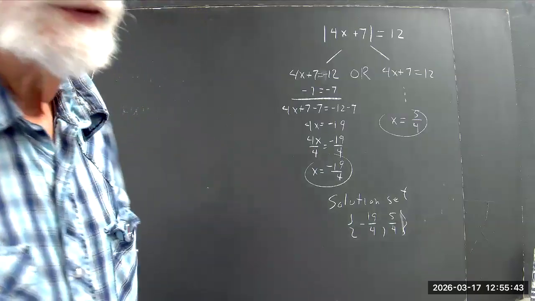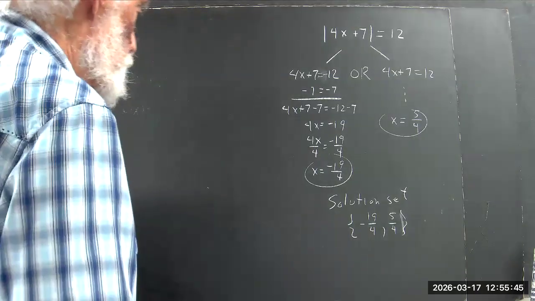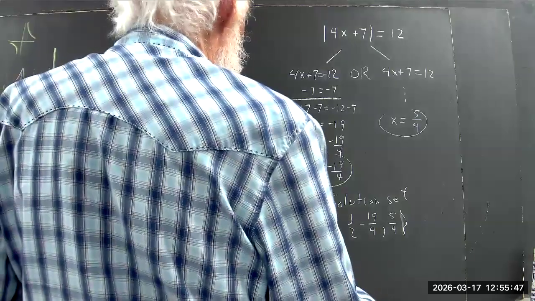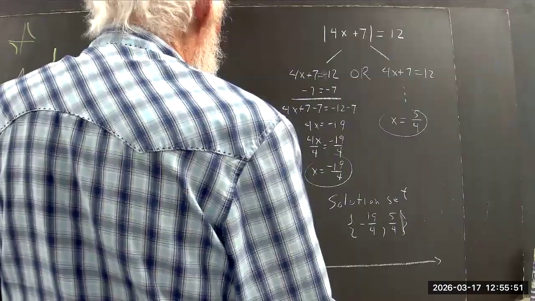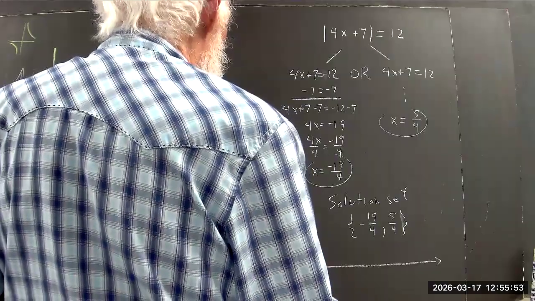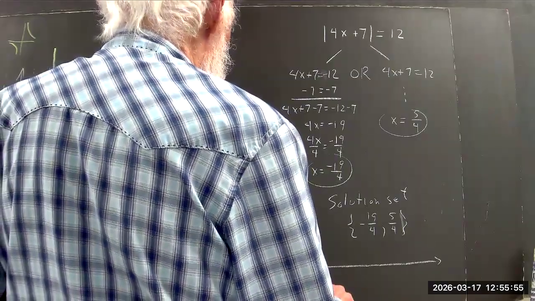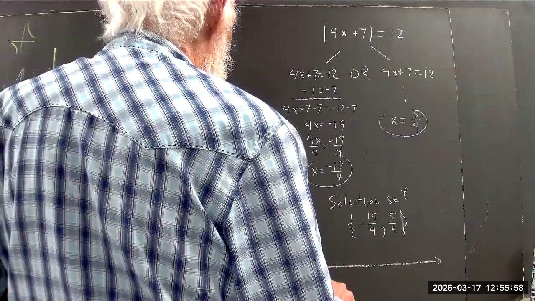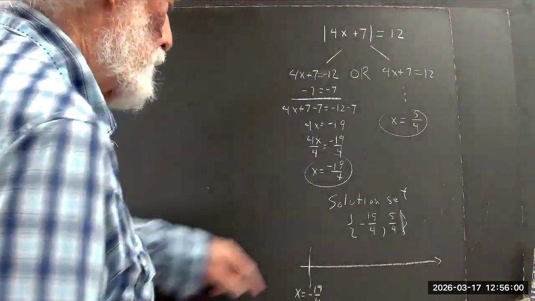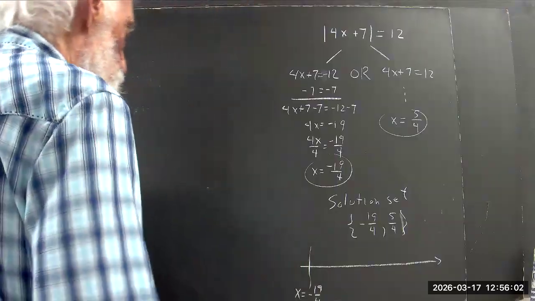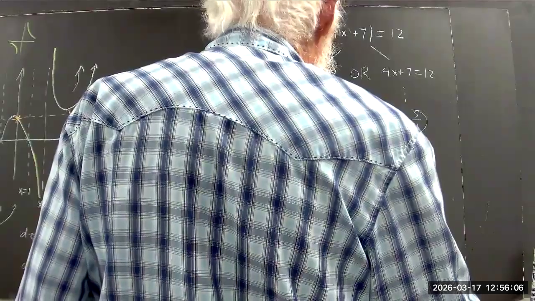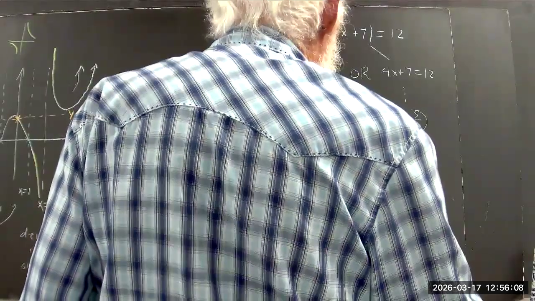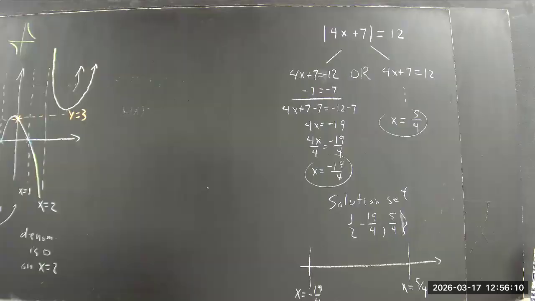Now we want to graph that solution set on a number line. So I'm going to make a mark here for x equals negative 19/4, and a mark here for x equals 5/4.